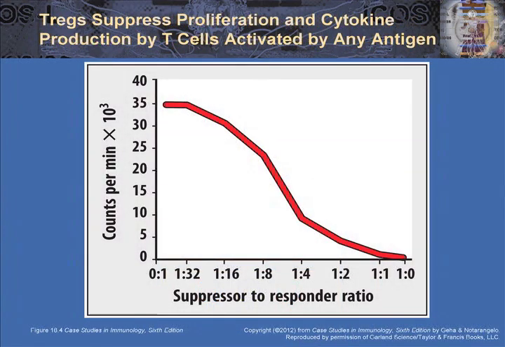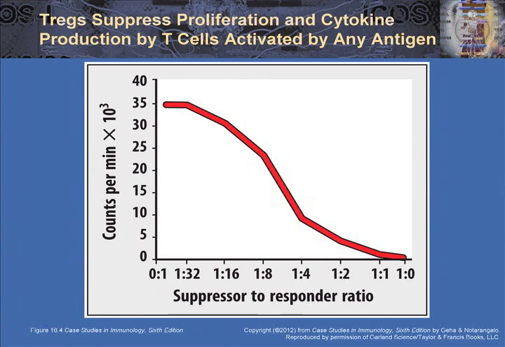What I'm showing you on this slide is a classic immunologic assay for T regulatory function, and this is a suppressor assay. What happens here is that CD4, CD25 positive T regulatory cells that express FOXP3 are titrated in at increasing numbers to effector T cell populations, Th17 or Th1 cells, for instance.